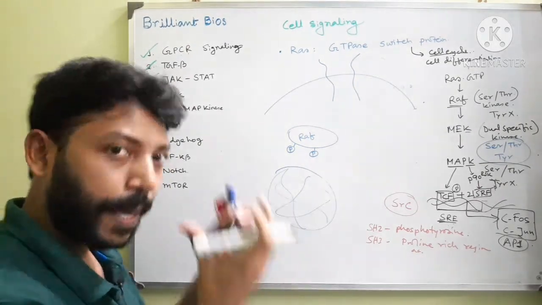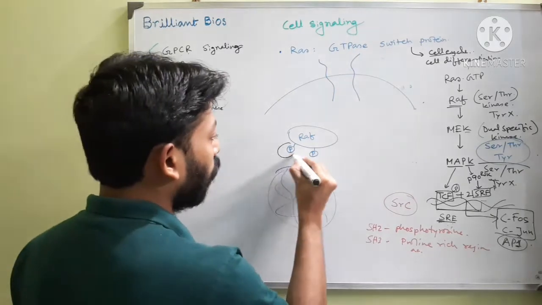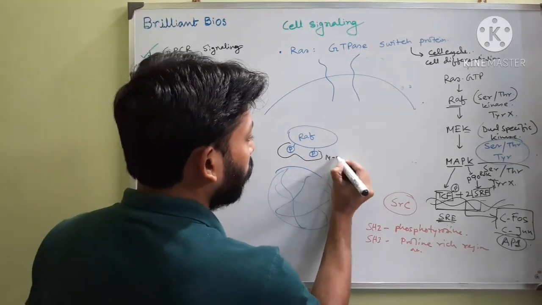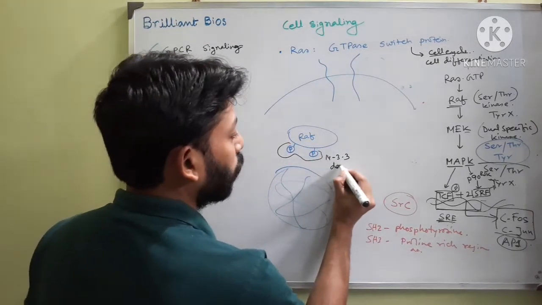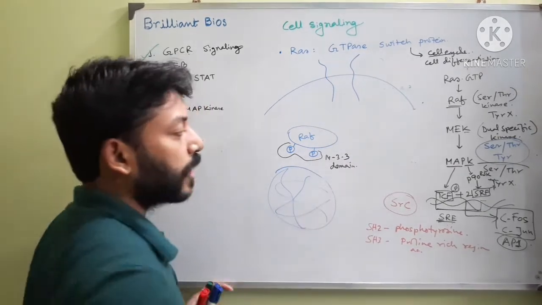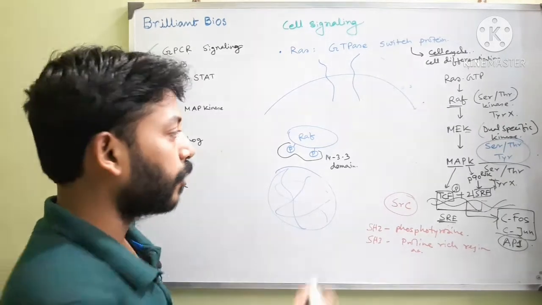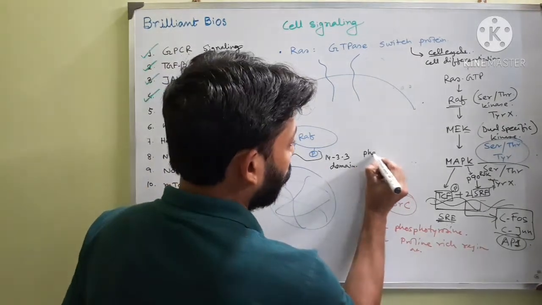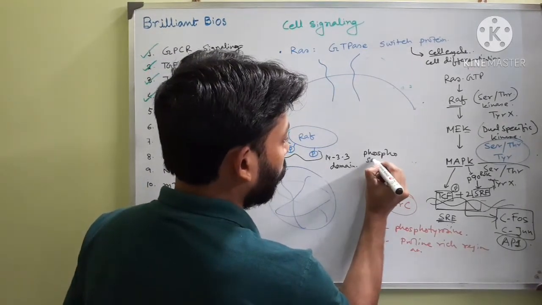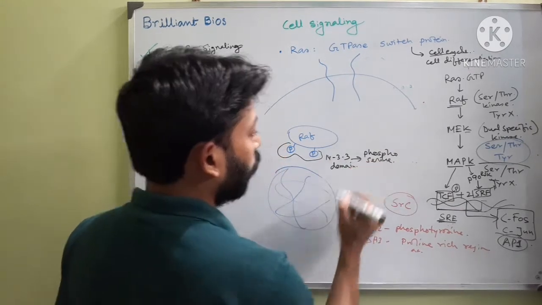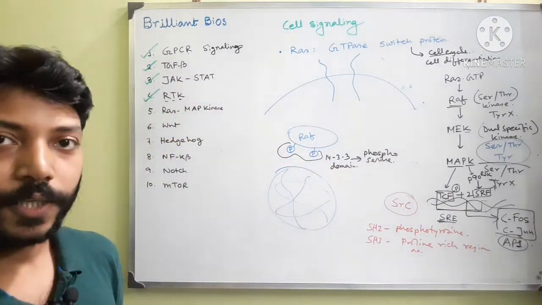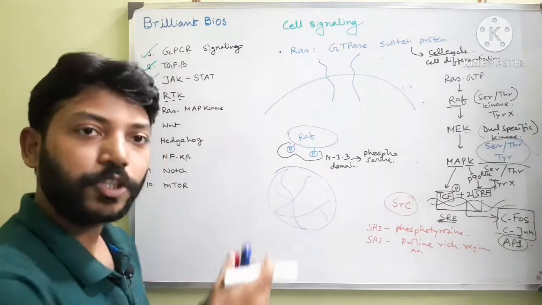Sequestered means it is captured by a protein called 14-3-3. 14-3-3 is a domain which helps in the sequestration of proteins. It binds with phosphoserine. So this phosphorylation blocks the activity of RAF.